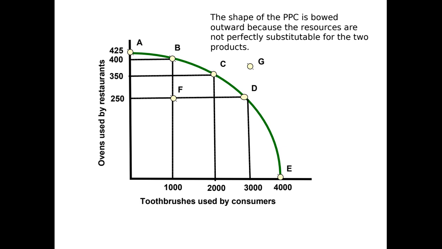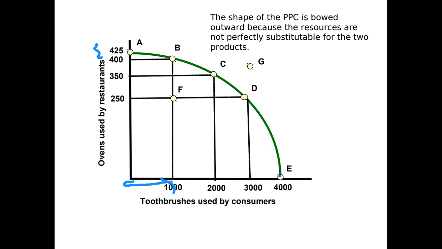So initially, if you produce 1,000 toothbrushes, maybe you have some workers who are not suitable for the production of ovens, and they are suitable for toothbrushes. There's a much lower opportunity cost. But as you keep producing more toothbrushes, you have to hire more specialized workers who are suitable for the production of ovens. In toothbrush production they are not that efficient, and therefore you have to give up more ovens in order to produce an additional 1,000 brushes.